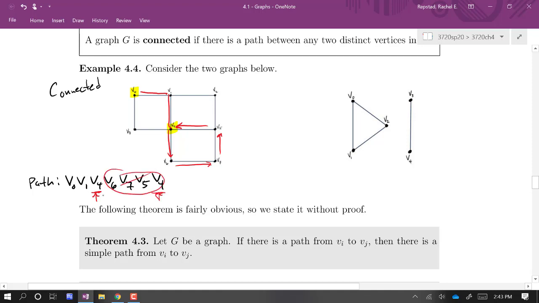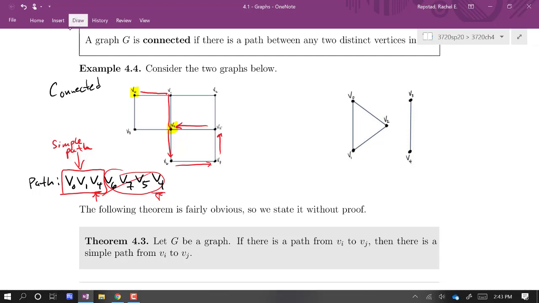Just eliminate that part. So the simple path is given by v0, v1, v4. I say this theorem is pretty obvious because once you have any path written out, you can remove redundancies. You can remove any piece that repeats.